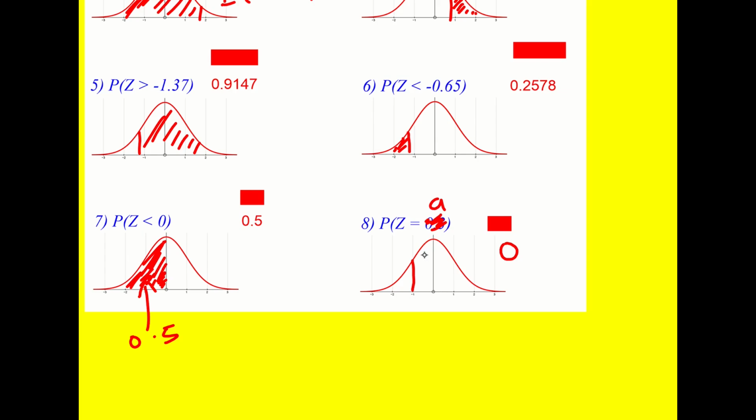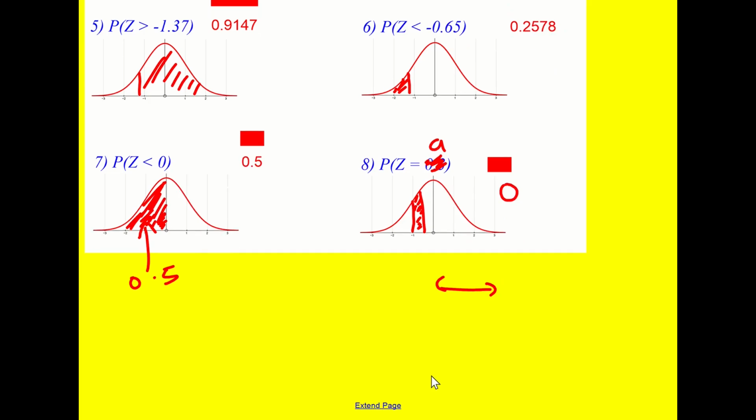It only makes sense to look at an interval of values, and then suddenly the probability becomes a finite thing. So you might see the 0 instead as being an infinitesimal. It only makes sense to look at a range of values. If that doesn't make sense, well then think back to your histograms. When you did frequency of a histogram, you would have calculated a certain amount of it.